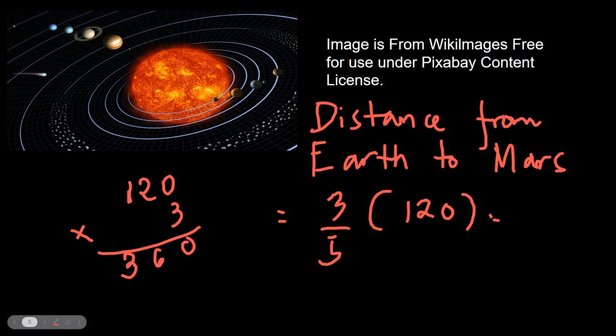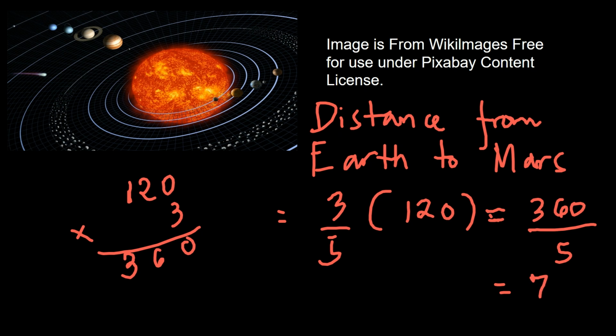So that would be 360 divided by 5. And what is 360 divided by 5? It will basically give us an answer of 72. So the answer would be 72 million kilometers.